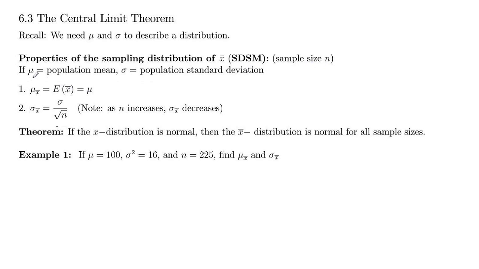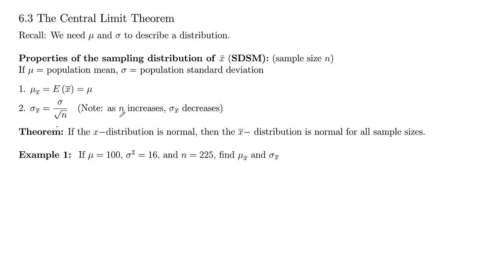So if mu is the population mean and sigma is the population standard deviation, then the mean of the x bar distribution, so the expected value of x bar, is equal to mu. And then the standard deviation of the x bar distribution is the population standard deviation divided by root n.